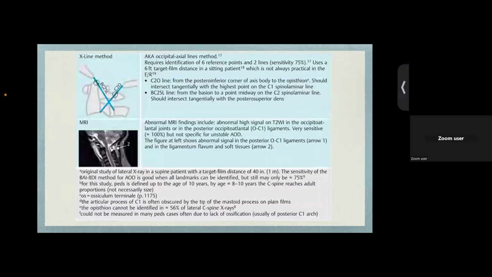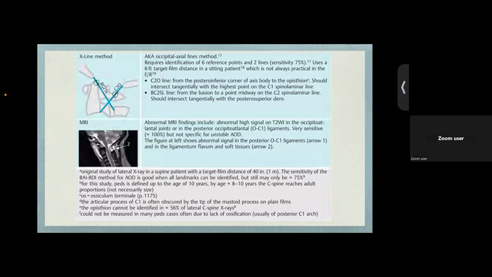Some more methods. You have the X-line method, also known as the occipital axial lines method. It requires the identification of 6 reference points with 2 lines, and sensitivity is 75%.